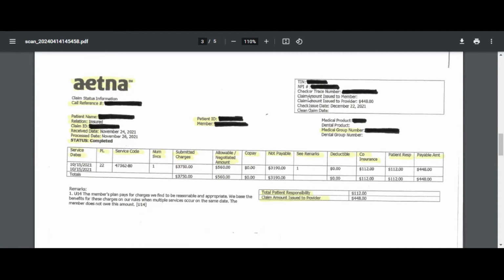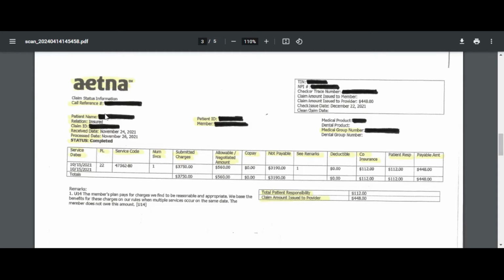You have your NPI for the billing provider. You have the check number, the claim amount issued to the member, if there was, because sometimes the payer sends the payment to the patient. You have the claim amount issued to the provider, the check issue date, and the clean claim date.